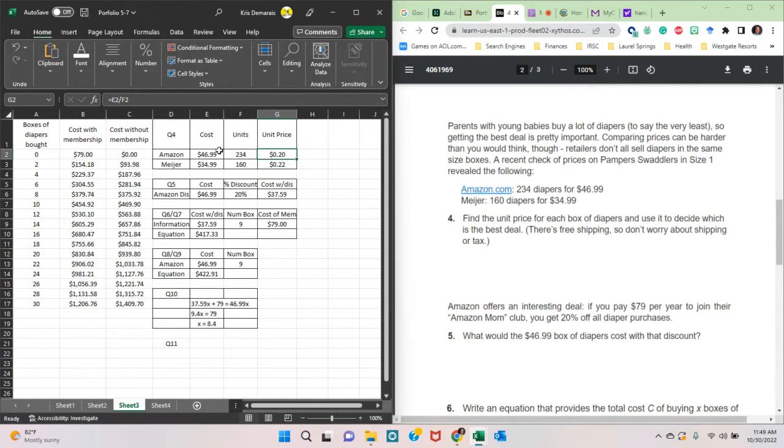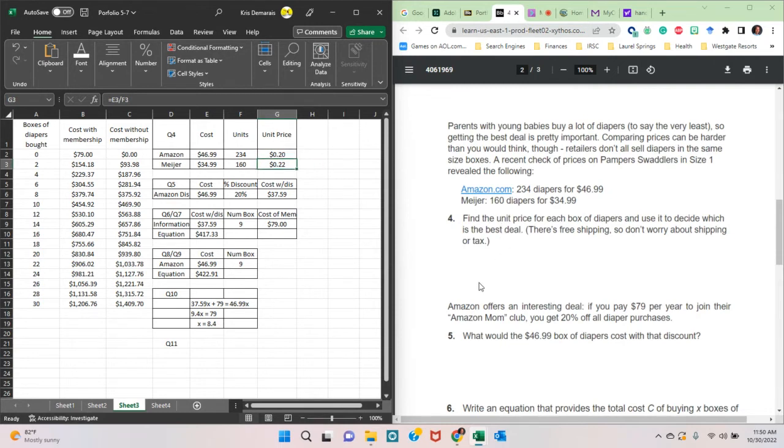So you're dividing the cost per unit. And so you can see that taking $34.99 and dividing it by 160, you get 22 cents per unit. So obviously it's a better price to go after Amazon, right? Because it's 20 cents a diaper versus 22 cents a diaper.